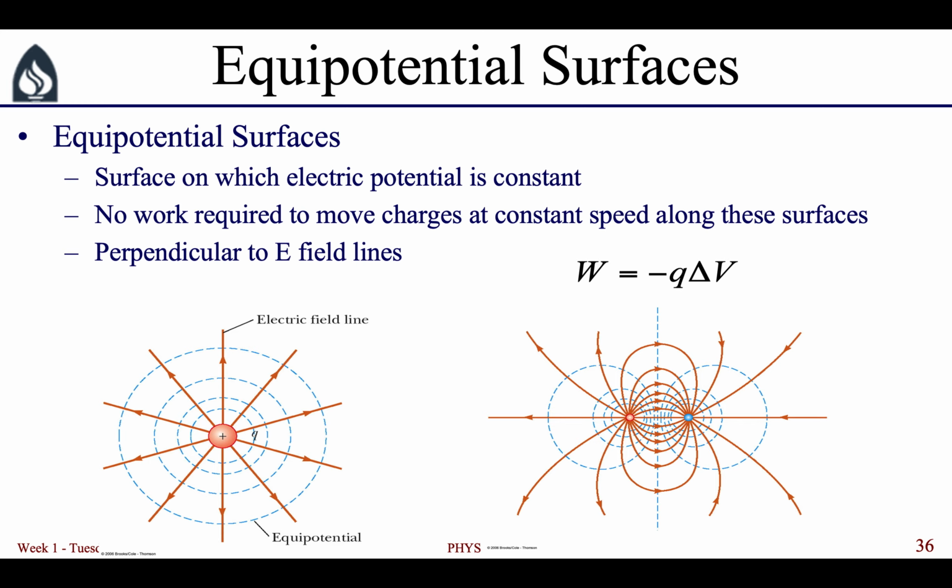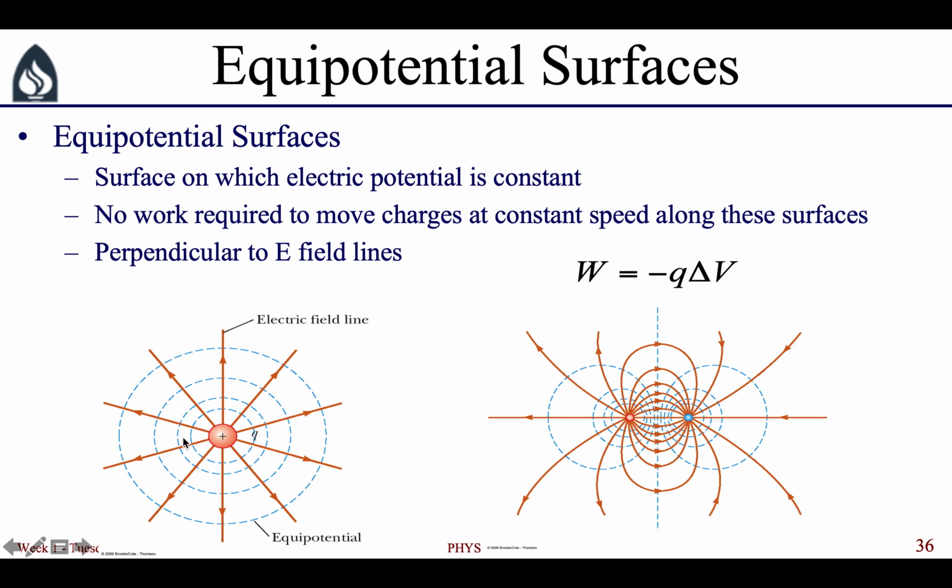So equipotential surfaces are lines or surfaces on which the electric potential is constant. So we know that for a single charge, as you move away from the charge, the electric potential, which is keq over r, goes down.